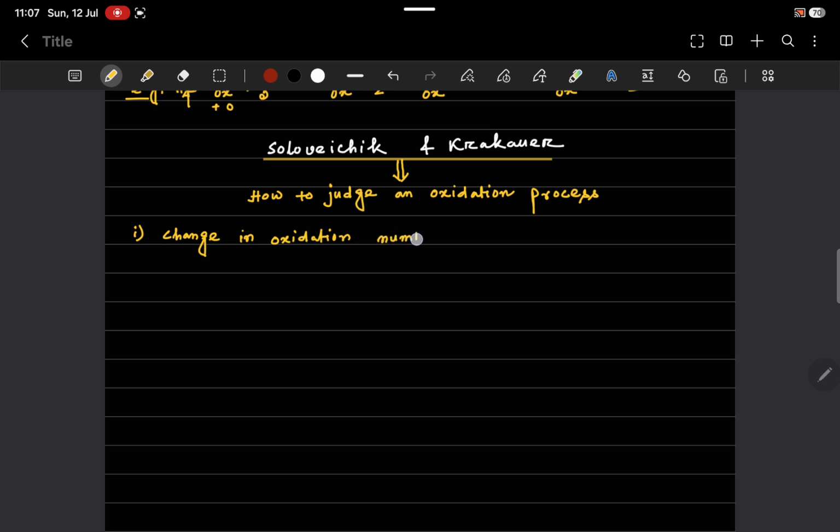Change in oxidation number means that if during the course of any reaction the oxidation number increases, I am representing oxidation number as ON, if you find that the oxidation number is going up, that means an oxidation process is happening.